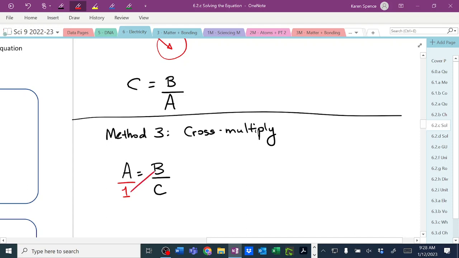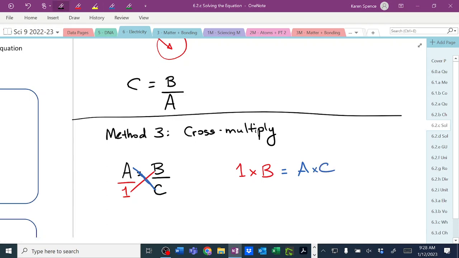So we have 1 times B is equal to, and then our other two things that we multiply together are A times C.